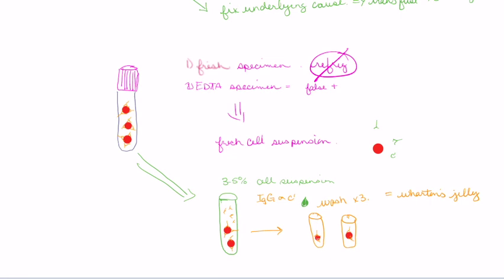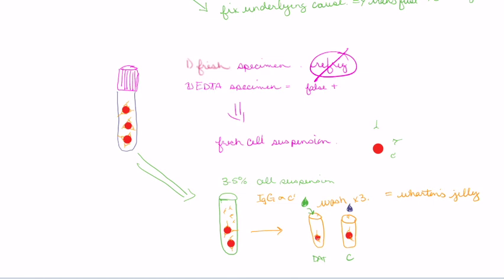We're going to add our drop of that into our DAT. This is going to be our control. We're not going to add it into our control, or it wouldn't be a control. It's the same type tube. And usually you're going to add maybe a drop of saline in here to keep the suspension going.